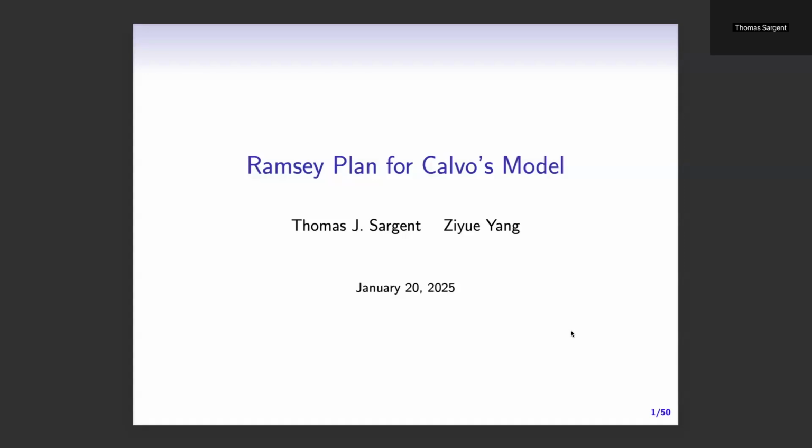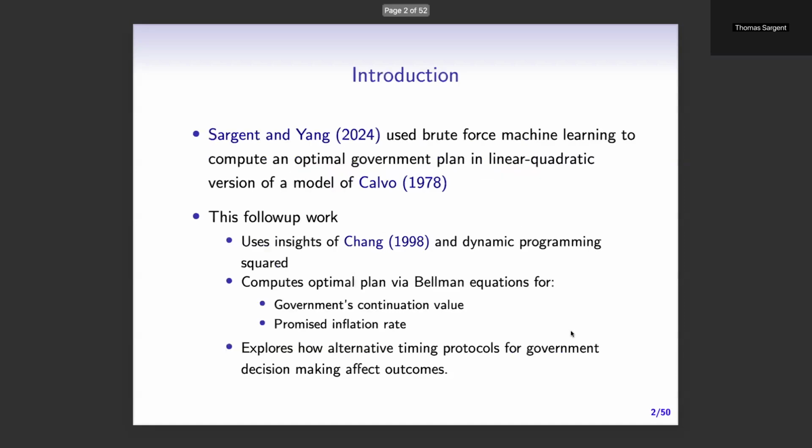So now what I want to do is turn to this second note about the Ramsey plan, and we're going to drill down and use dynamic programming or dynamic programming squared to solve the Ramsey problem. And we're going to talk about some other things, Markov perfect and another equilibrium concept. So that's what we're going to do.